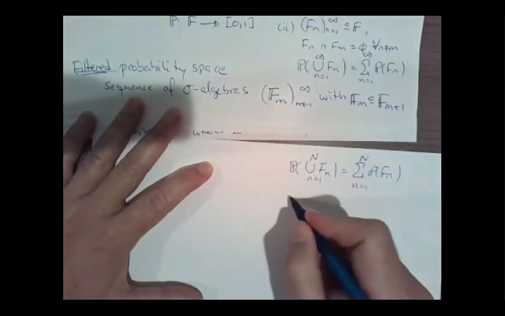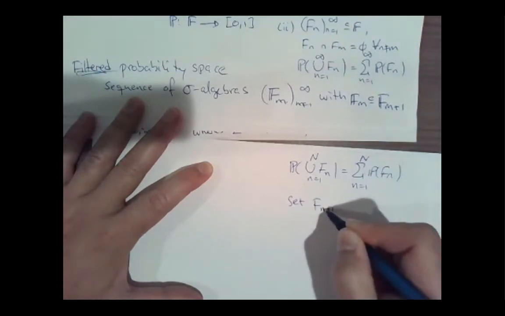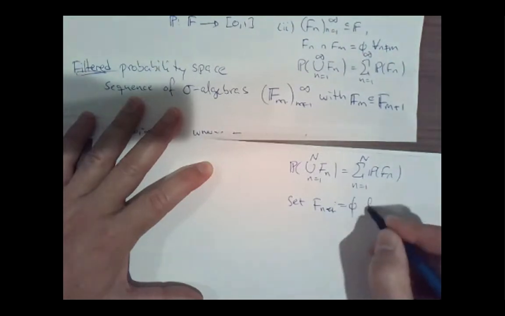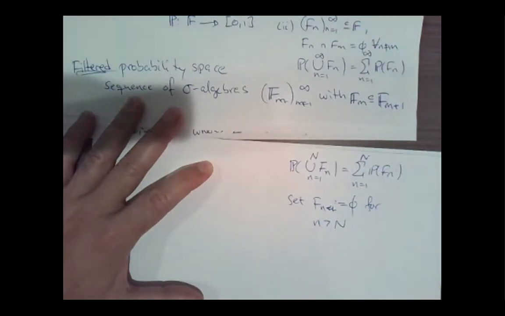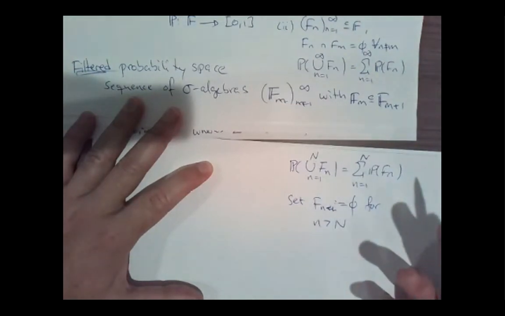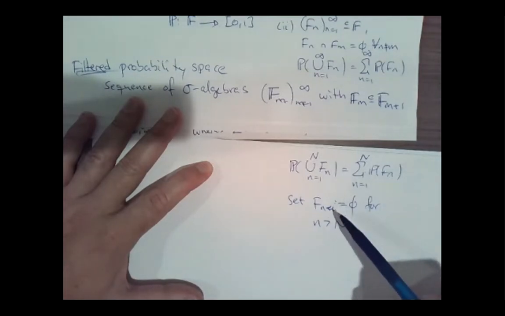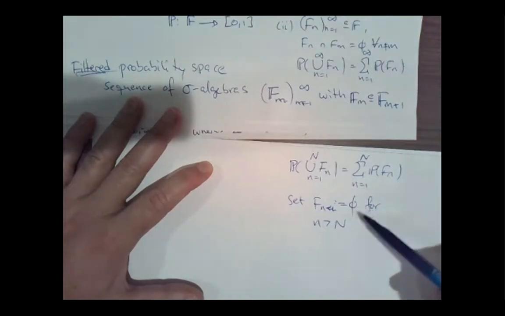The reason is that you simply set F_n equal to the empty set for n bigger than capital N. Because when I take the union with empty sets, I'm not going to destroy anything. And because the probability of the full set is 1, there's no space left, so the probability of the empty set has to be 0.